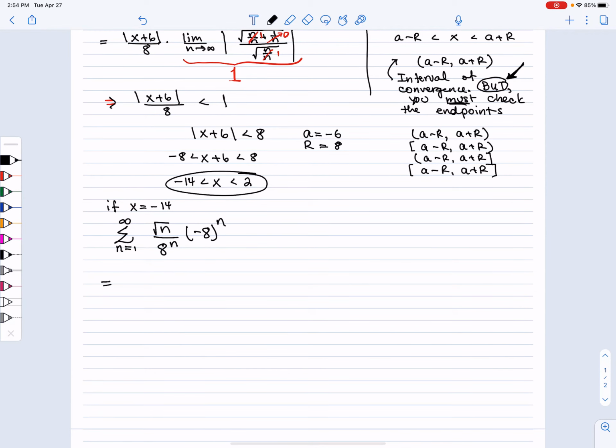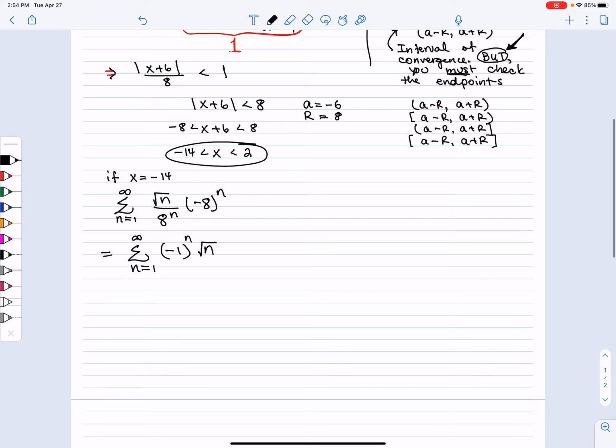We can simplify that and say this is sigma as n goes from 1 to infinity of negative 1 to the nth power times the square root of n. And let's look at that. Let's look at the limit as n approaches infinity of the absolute value of negative 1 to the n radical n. And that is going towards infinity.